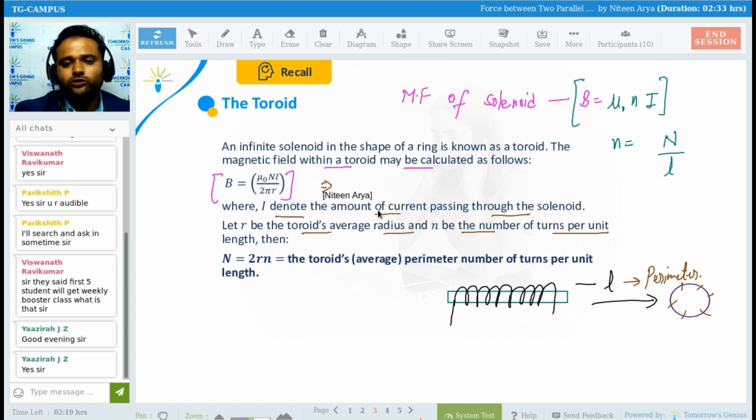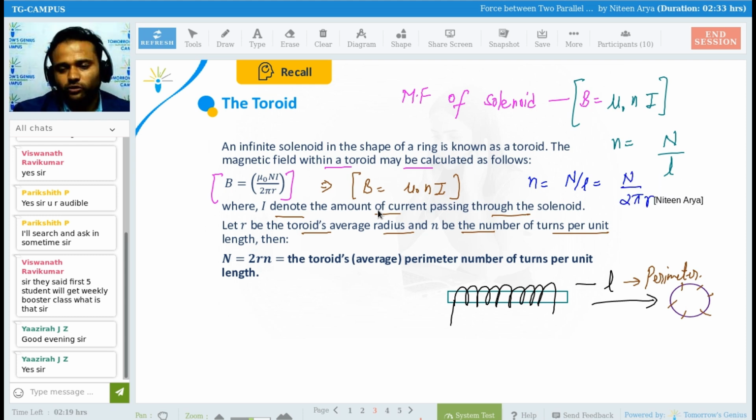So you can write B equals mu naught n i, where small n is again this, but here L is 2 pi r, because this is a toroid, circular in shape. So length can be perimeter, as simple as that. Clear, everyone? We already discussed that much in the previous class.